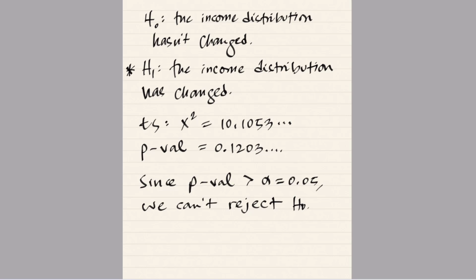And so on a practical level, what that means is that the evidence we have doesn't support the alternative hypothesis. In other words, we cannot show with the evidence we have that the income distribution has changed.